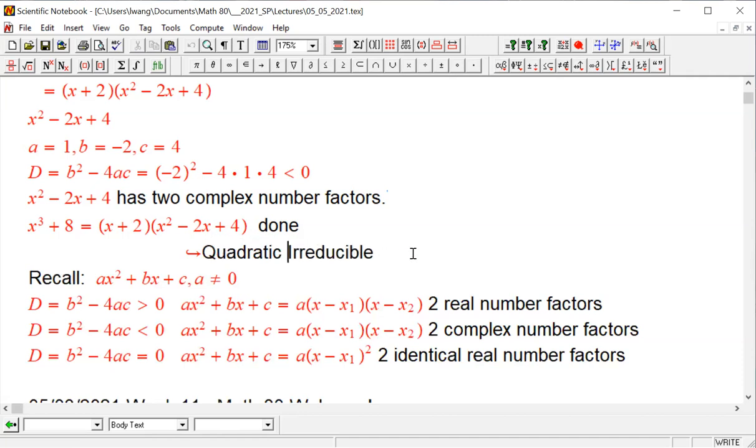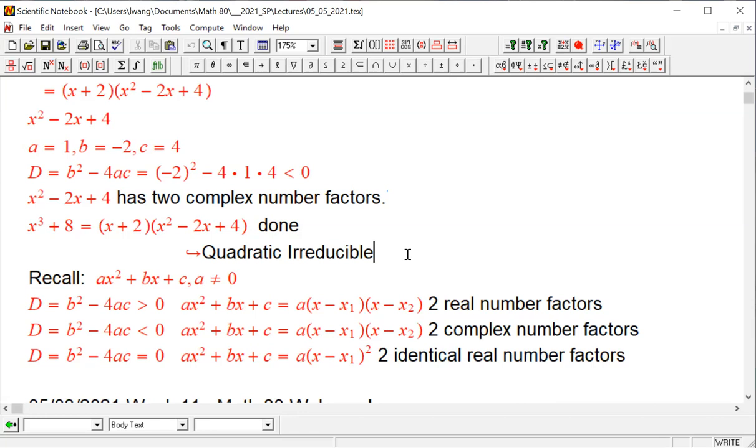Okay, you might see this word in the future in some different contexts. They really just mean that complex numbers will be involved if you want to factor even further. So if you want to stay in real numbers, you just have that quadratic as the final factor.